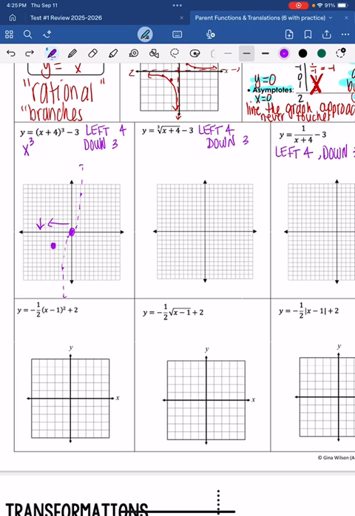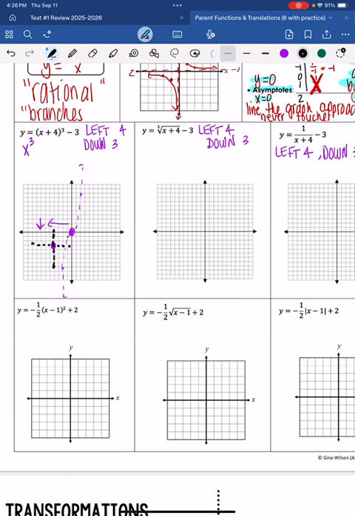Oh, darn it. I hate when the iPad does that. If you think of this as your new origin point, so I kind of drew in a new x and y axis, this process works for every single parent function and it works for every single shift.